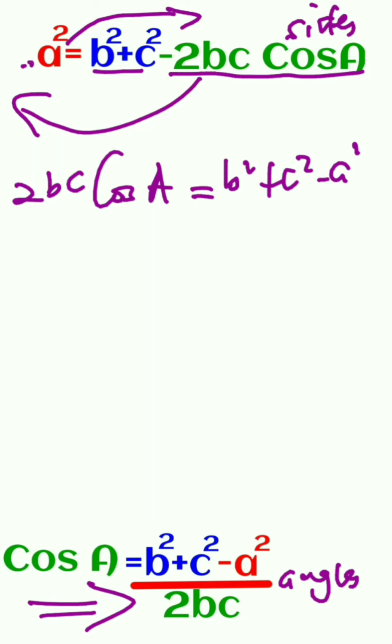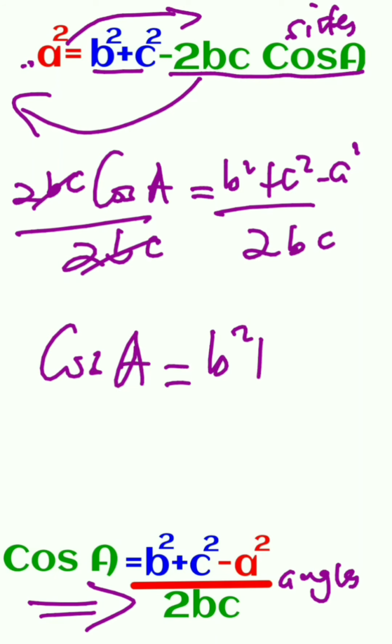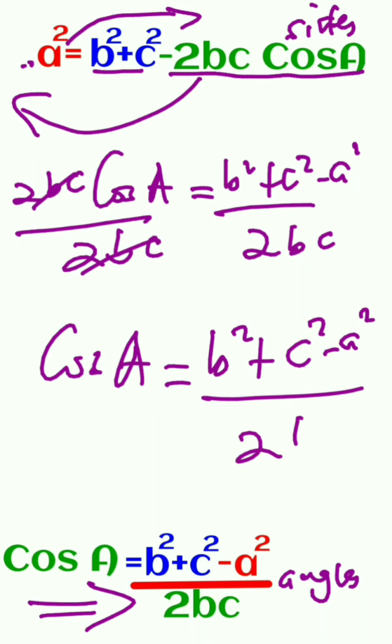This becomes negative. Then we want to find cos A, so let us make cos A the subject, over 2bc. So cos A equals to b squared plus c squared minus a squared over 2bc, this one.